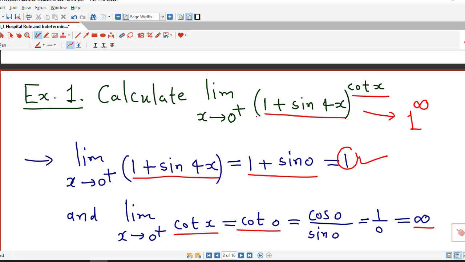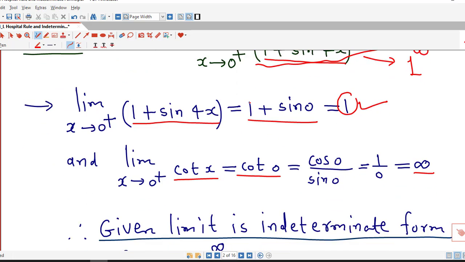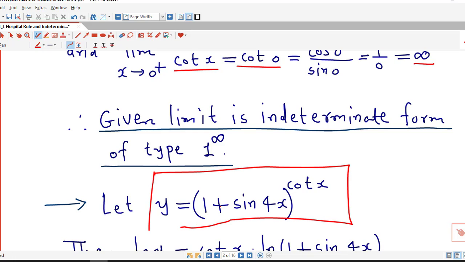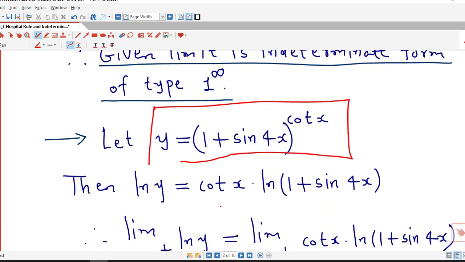So we consider this function equal to y, and start by taking logarithm. We take y equal to (1 plus sin 4x) to the power cot x, and then take natural logarithm on both sides.